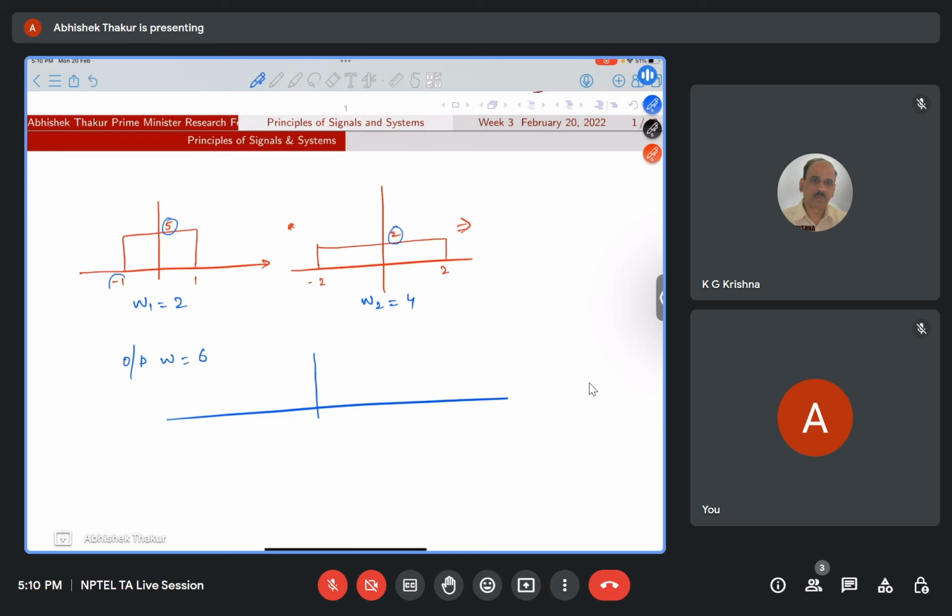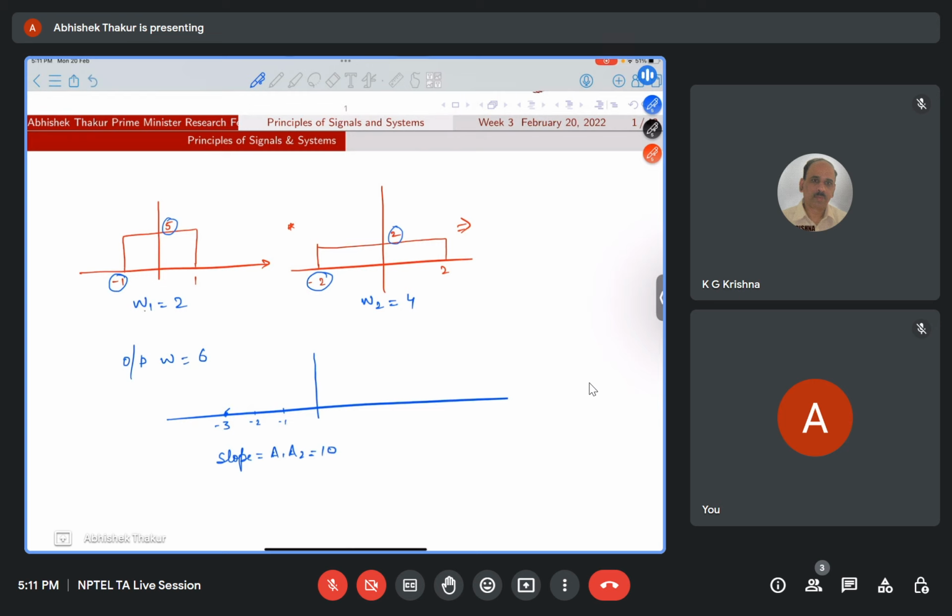It will start from the sum of the lower ends of both input signals. So it will start from minus 3. So somewhere, let's suppose this is minus 1, this is minus 2, and this is minus 3. It will start from minus 3, and the slope is 10. Slope is A1 into A2, that is equal to 10. So in 1 unit it will increase by 10.